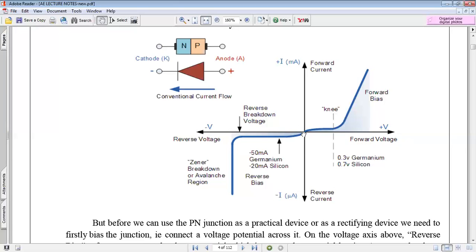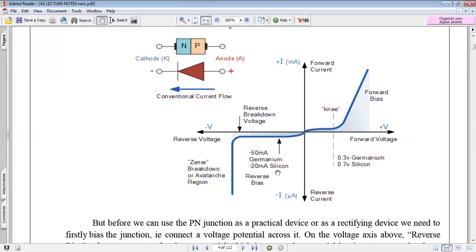The width of the depletion region increases, and it opposes the further movement of majority charges across the junction. The result is no flow or negligible flow of current. In ideal case, there is no current in reverse direction.